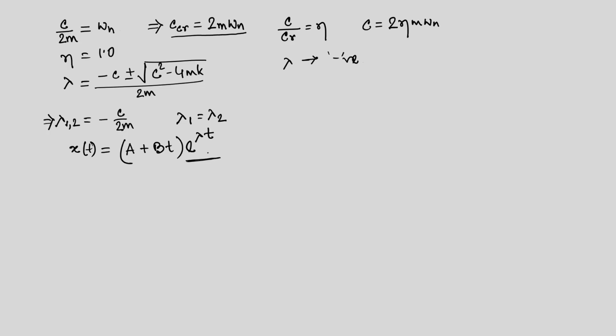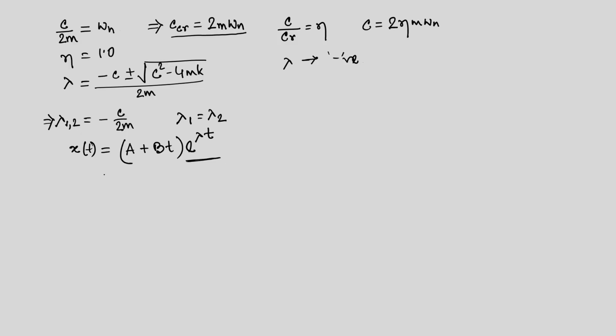So, obviously, as t tends to infinity, we will again have a solution which is equal to 0. That will come in a minute, but for the time being, let us first find out the constants, in this case A and B.